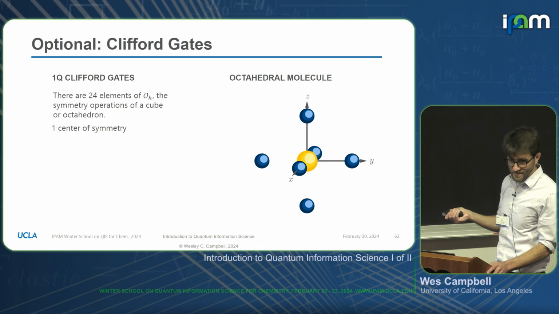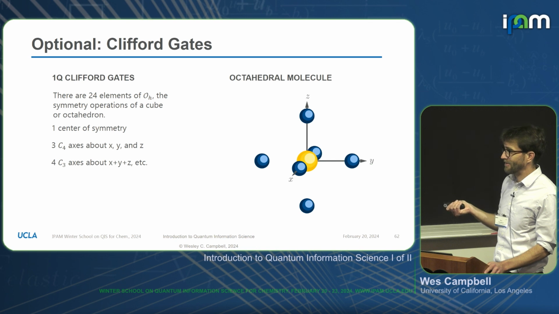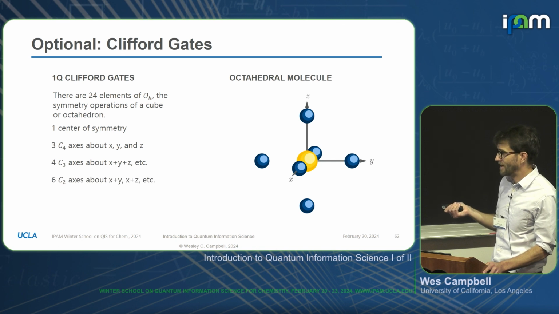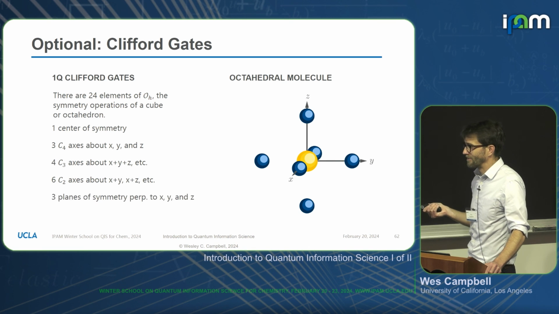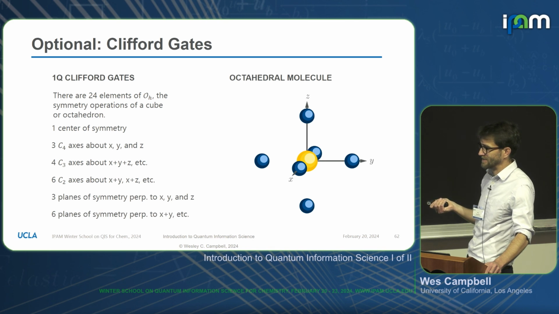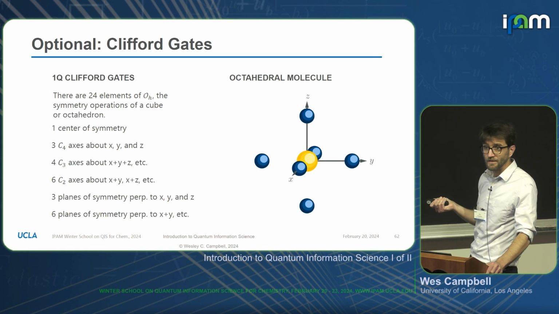There's one center of symmetry, 3 C4 axes about X, Y, and Z, 4 C3 axes about the axes that are halfway between all 3 of them, 6 C2 axes about the axes that are 45 degrees from those, 3 planes of symmetry perpendicular to the principal axes, 6 planes of symmetry perpendicular to X and Y, and the identity.